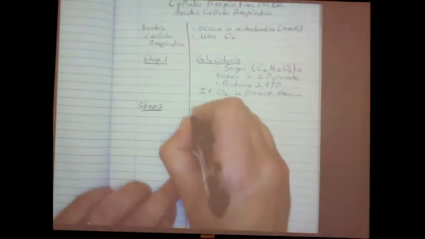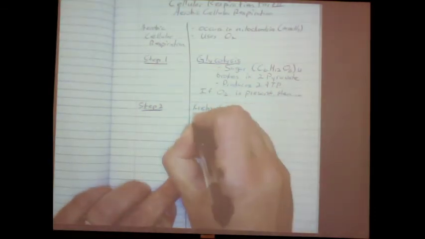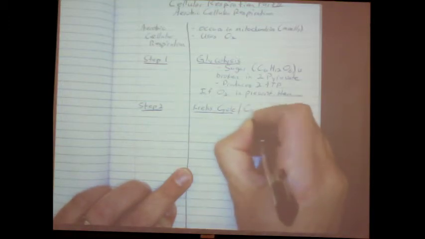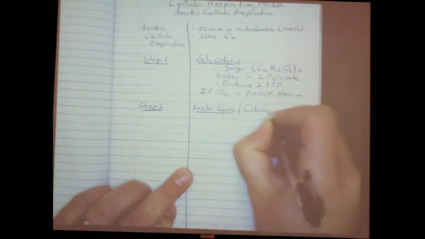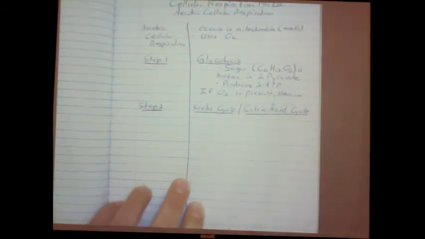Over here on the left. Move this up so you can see it a little bit better. Step number 2 is called the Krebs cycle, also known as citric acid cycle. Underline those guys there as well.